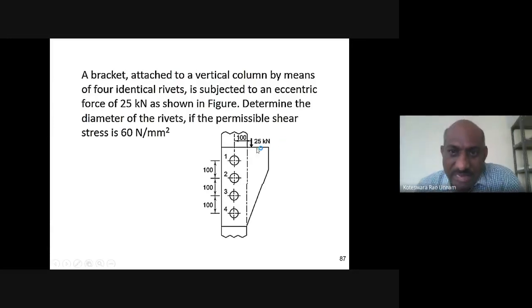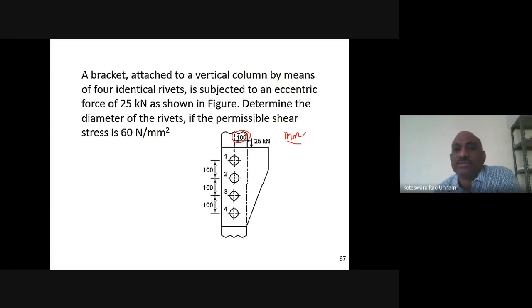The line of action of this 25 kilonewton force is passing at a distance of 100 mm. These dimensions 100, 100, whatever he has given, all the length units are in mm. Therefore the offset distance from the center of the rivet to the load line is 100 mm.